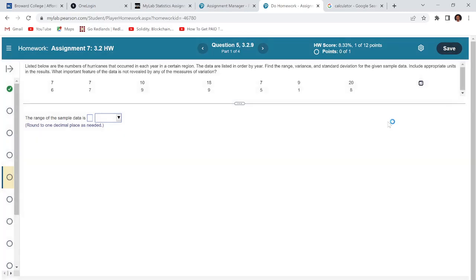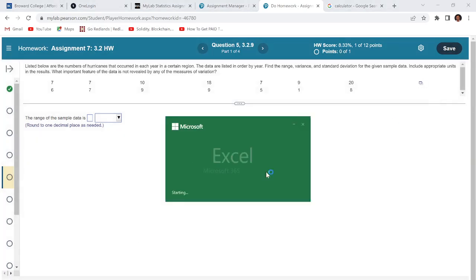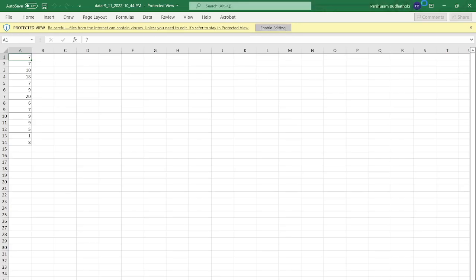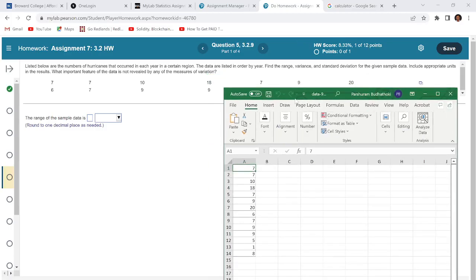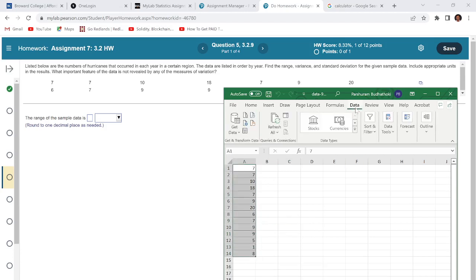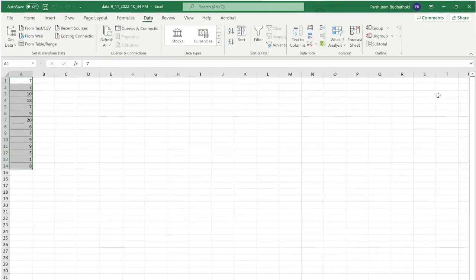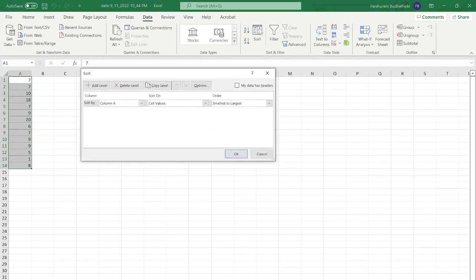I'm going to use Excel here, but you can use StatCrunch or some other tools as you wish. So these are the data. First of all, the range is the difference between the maximum and minimum value. So I'm going to sort this data by going to Data, Sort, and sorting from smallest to largest.